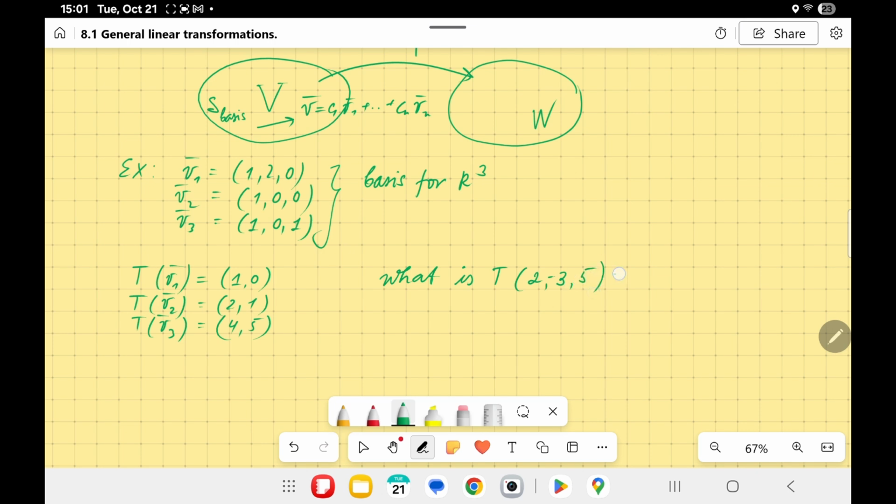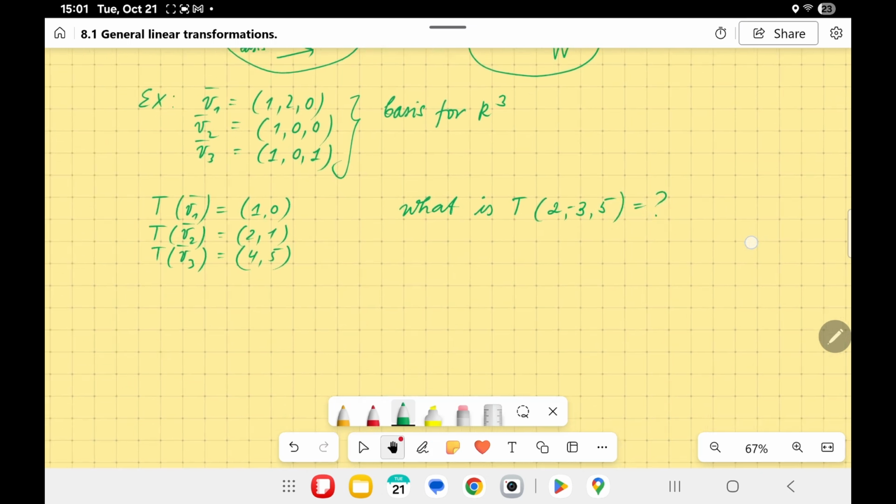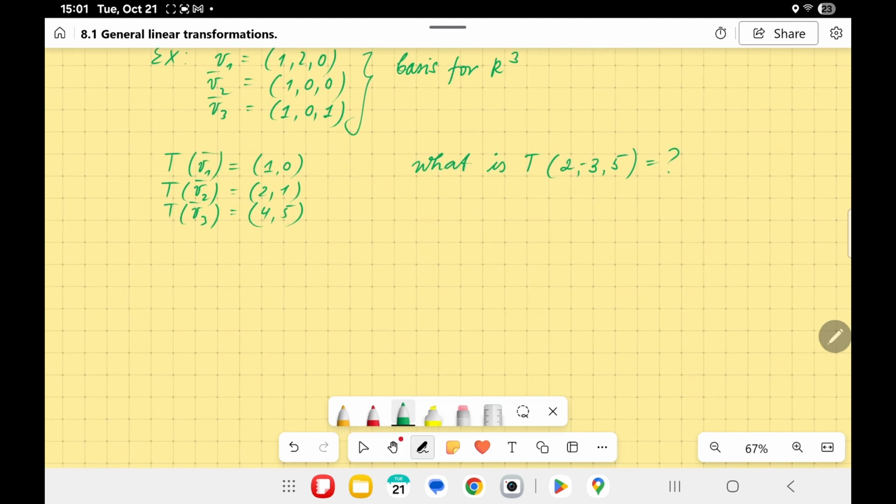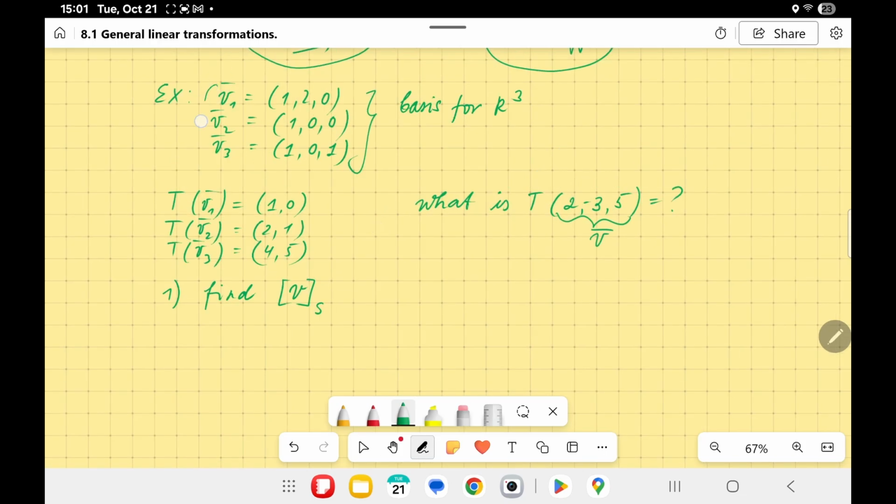So what we are going to do, step number 1, find the coordinates of my vector v in basis S. And second, use them in the image vector.